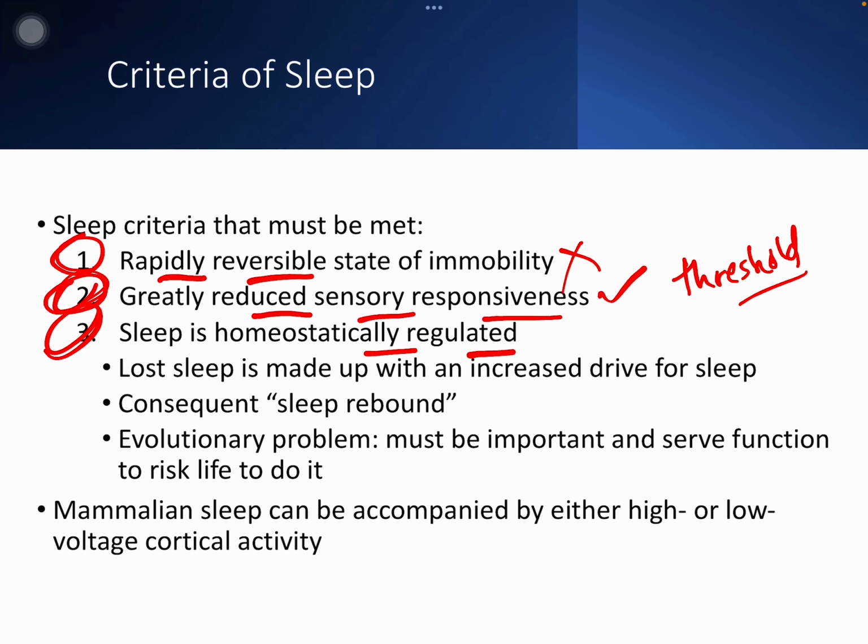So if an animal organism requires sleep and it doesn't get the sleep, we should see some deficits in some way. So anytime you lose sleep, okay, we have to see an increased drive for sleep to make that up, okay? So that's kind of step one in the homeostatic regulation criteria, okay? Any kind of deprivation or lost sleep, we have to see some increased drive to make that up, okay?